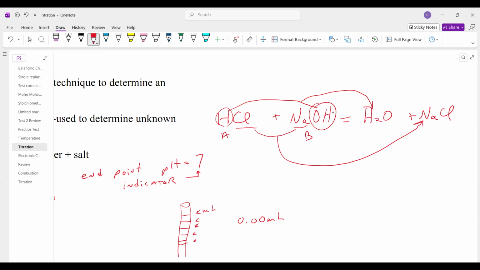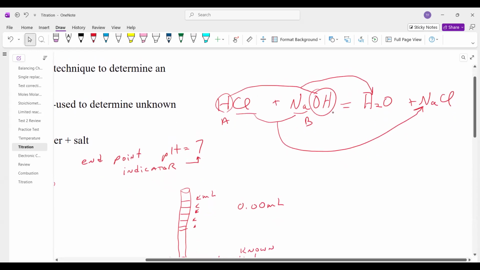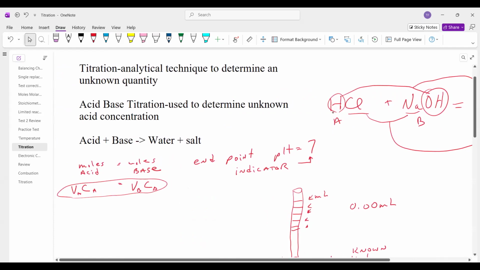Additionally, if the moles of H and the moles of OH are not equal, you're going to have leftover H's or leftover OH's, depending on which you have more of, because when it forms water, it's a 1-to-1 ratio.